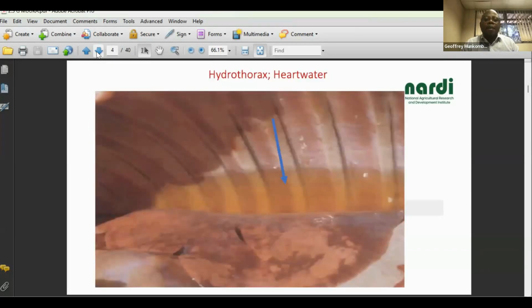So this is amplified. We just wanted to show you that when you get another angle of this picture, you can see with the arrow pointing clearly where you find that hydrothorax. You find that the quantities of water that you find are very varied. It could be very, very little water that is not very copious per se.